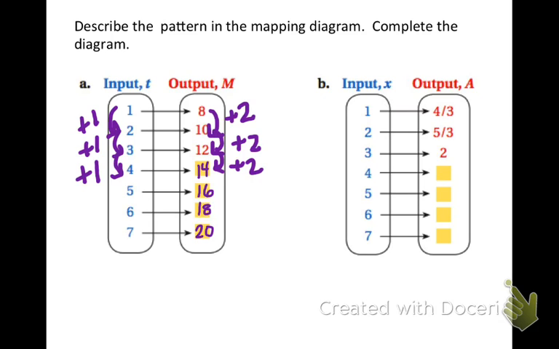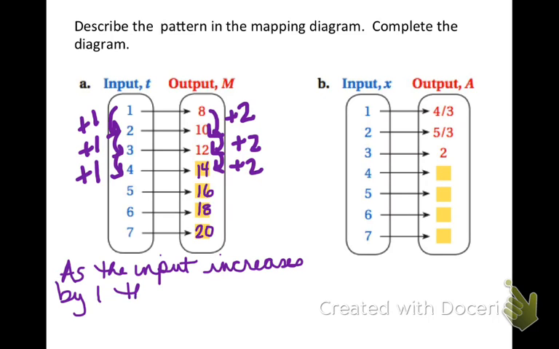So to describe the pattern, we would say as the input increases by 1, the output increases by 2. The output is dependent on the input, so we want to word it in such a way that that's understandable.